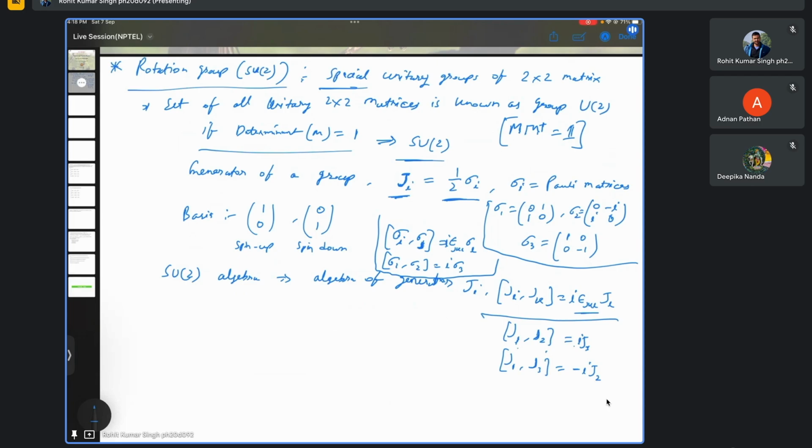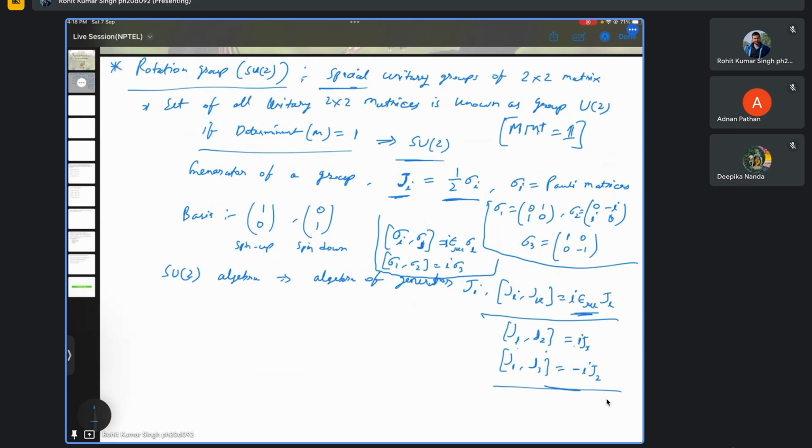This will come in if you study group theory or some mathematical physics courses. It has a name, I forgot its name, but this is what it represents basically.